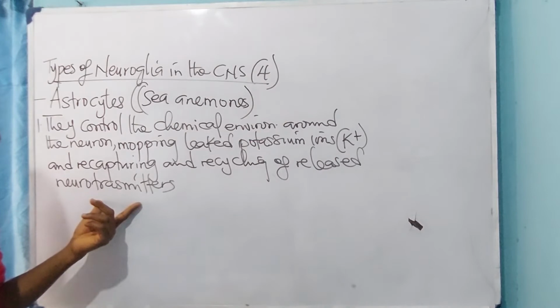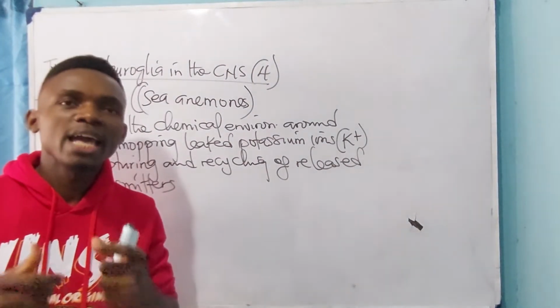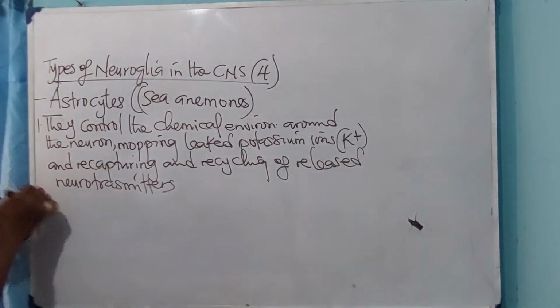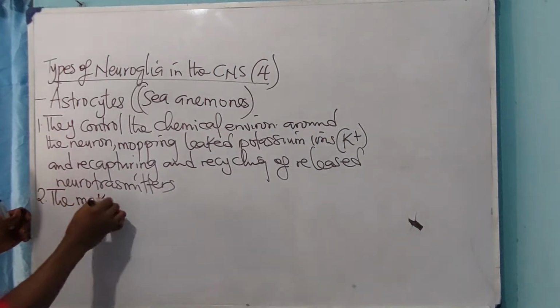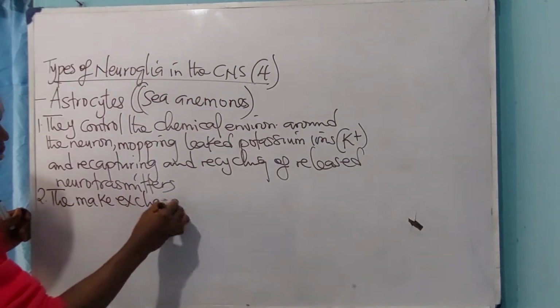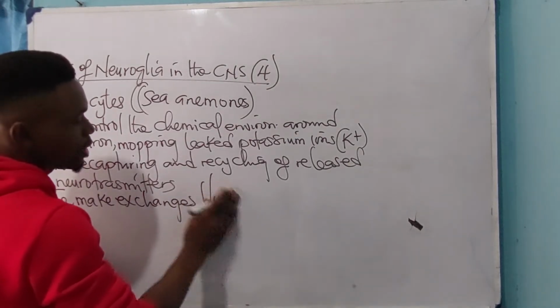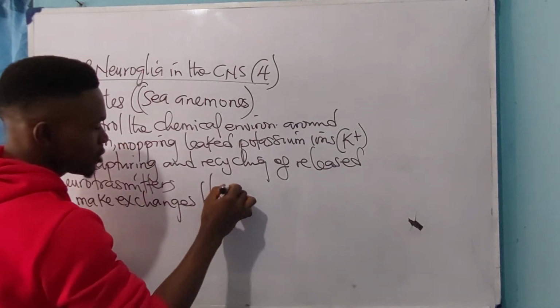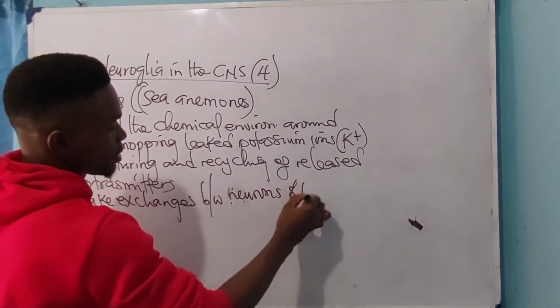You know that neurotransmitters have the ability to transmit impulses in the form of what? Electrical and chemical signals. That is number one. Then number two, they make exchanges between neurons and the brain.